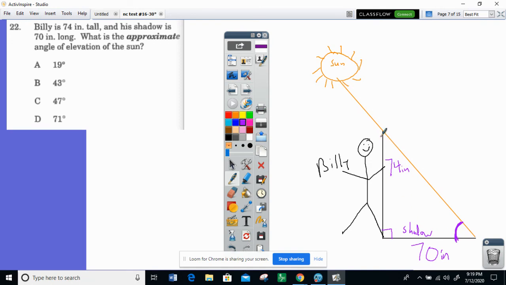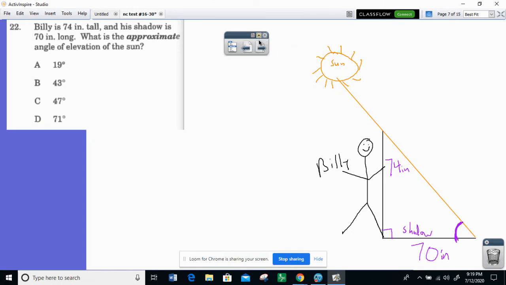And since we have a right triangle formed here, we can use trigonometry to figure out this angle of elevation. So we're going to label our legs. This is going to be opposite, 74 inches. The leg next to the angle that's marked is the adjacent leg.